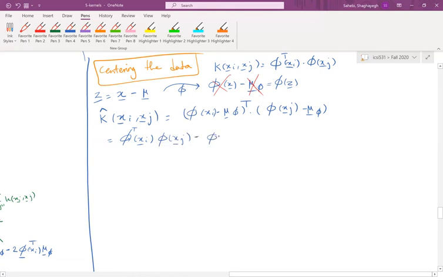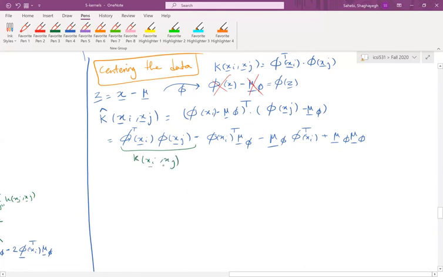minus phi of xi transpose mu phi, minus mu phi transpose phi of xj, plus mu phi transpose mu phi. Okay. Well, we already have some familiar forms here. So this is k of xi, xj, right?